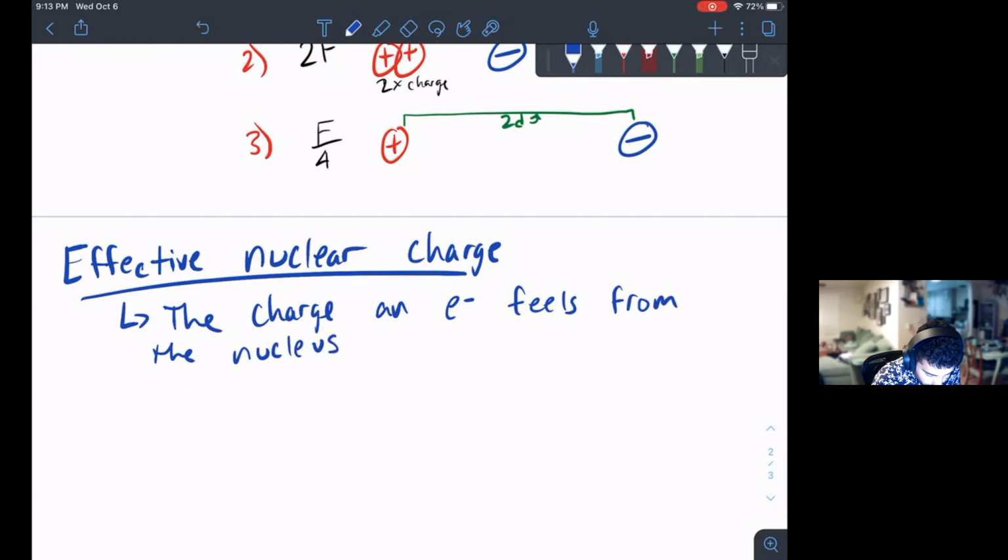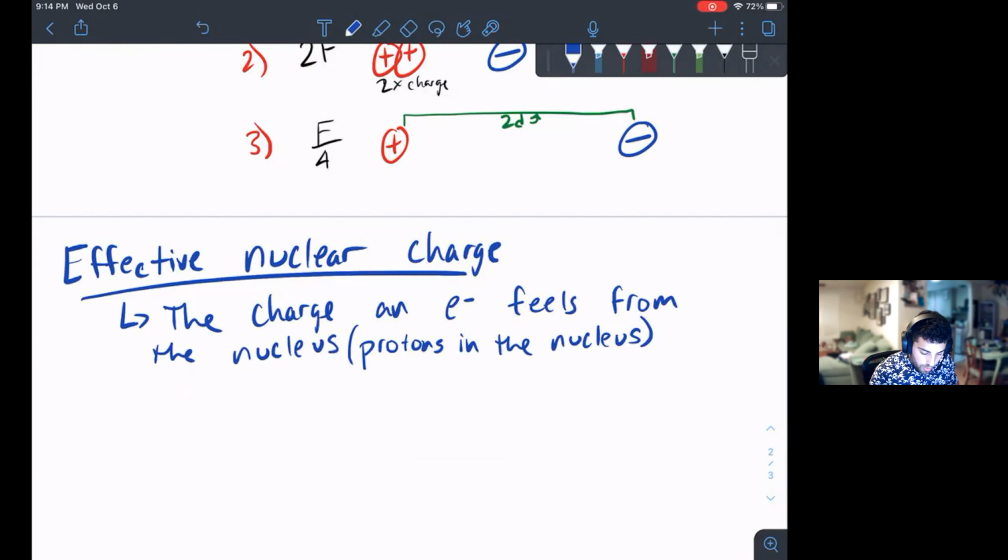And by the way, when we talk about the nucleus, we really only mean the protons in the nucleus, because the other particles, the neutrons, do absolutely nothing because they're neutral. And Coulombic forces or electrostatic interactions only work on things with charges.